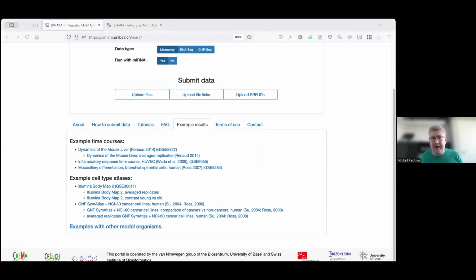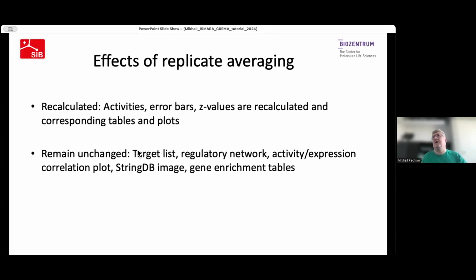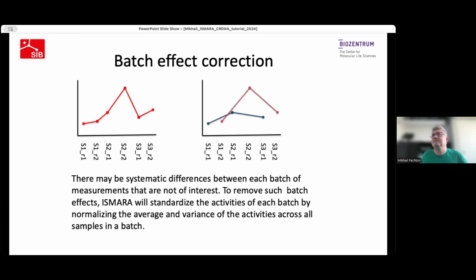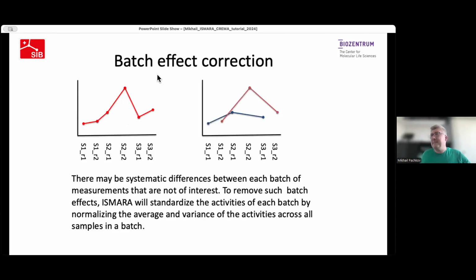Let me switch back. I would like to talk also about another feature, and this is built-in batch correction. And meanwhile, my averaging run is going to finish, I guess. Okay.